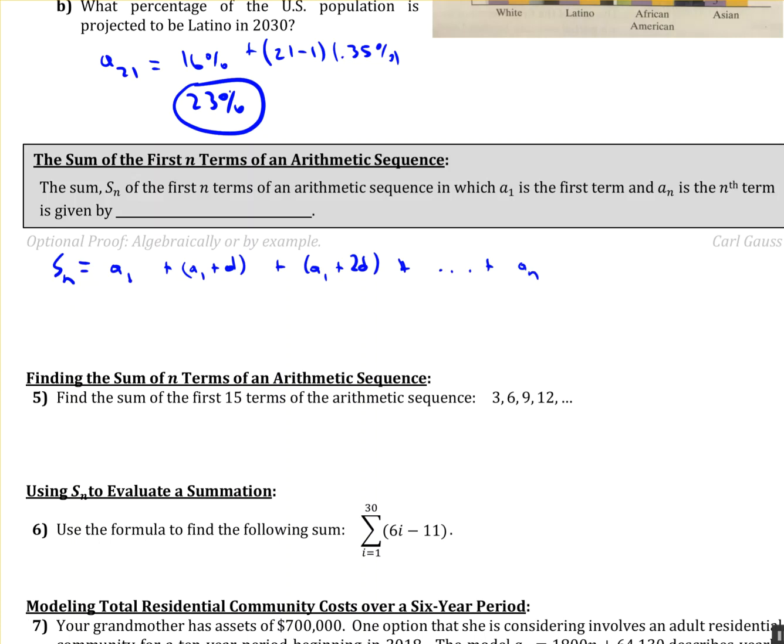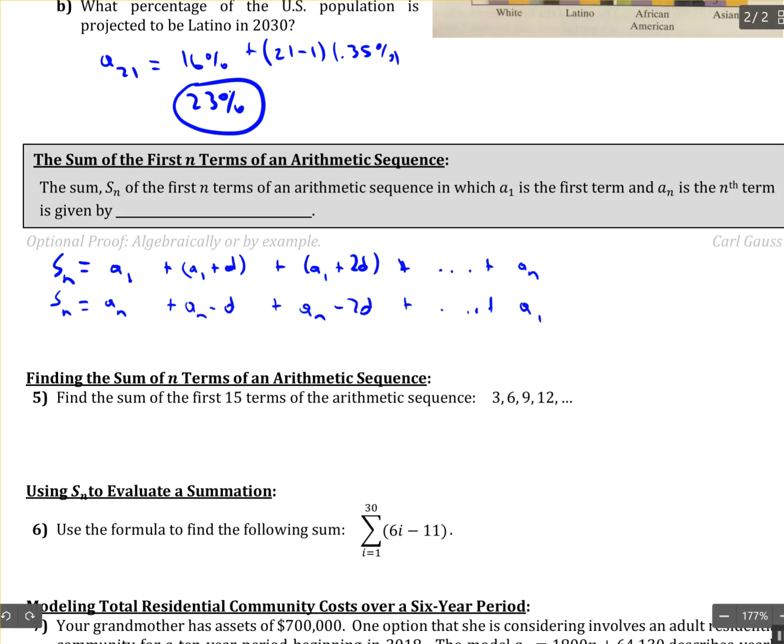Now, hopefully you'll agree with me that I could write this in the opposite order. So I could write this as A_n, that's the last term. For the second to last term, instead of adding d each time, we're going to subtract d each time. So let's subtract d, and it's going to be A_n minus 2d plus dot, dot, dot, plus A_1.